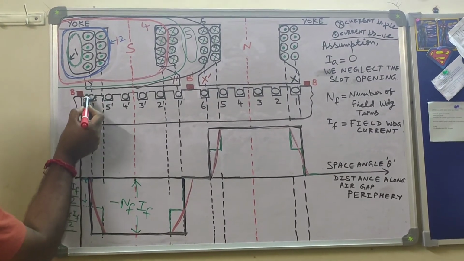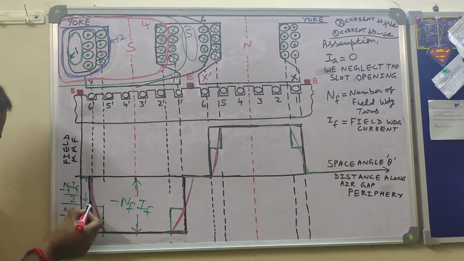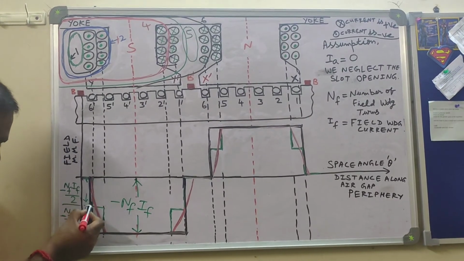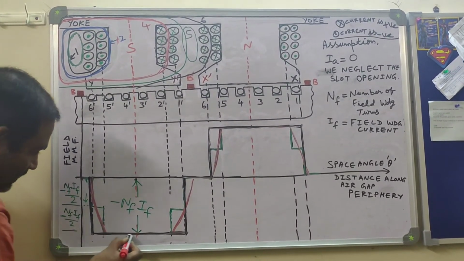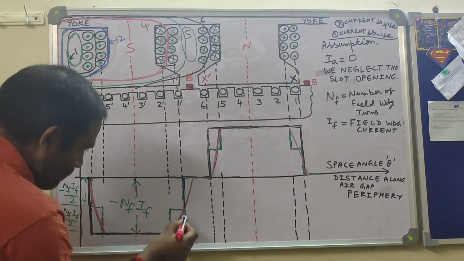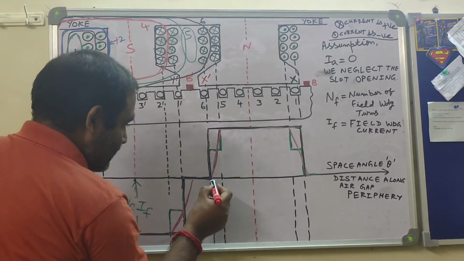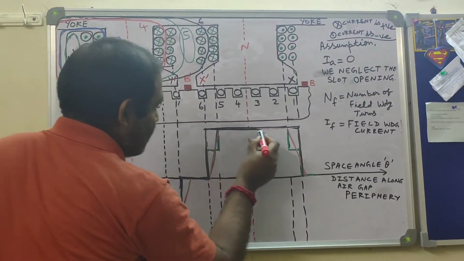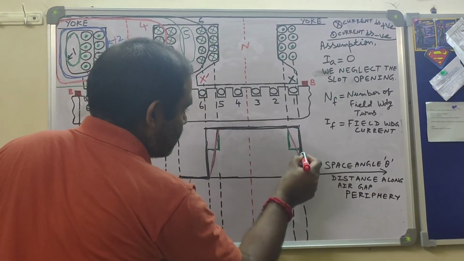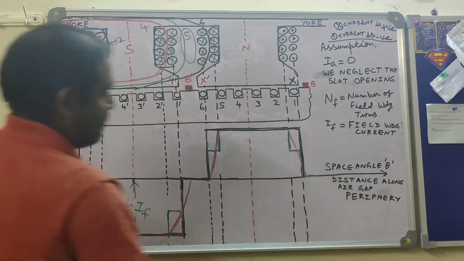Follow this marker pen line. It is shown like this. Along the pole tip it rises, and again it falls at the pole tip. Again here it rises along the pole tip. Which pole tip? Pole tip x dash, and it is constant, and then again it falls at pole tip x.